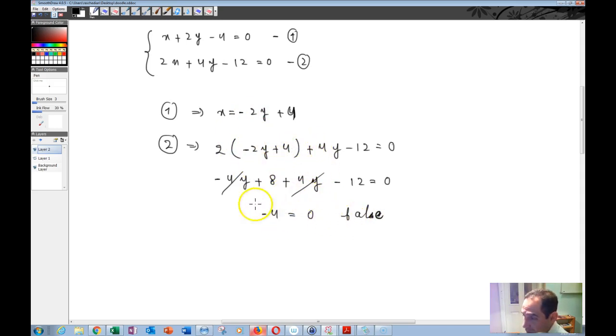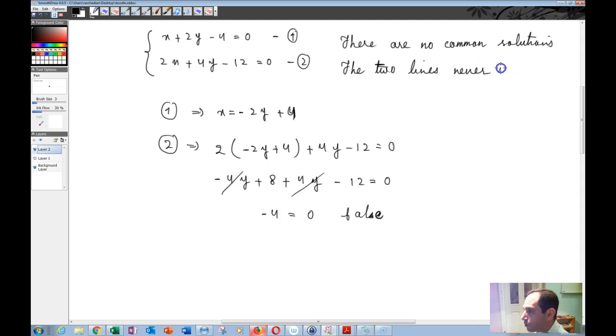Negative 4 is equal to 0 is false for all values of y, and that basically means that there are no common solutions, and that means that the two lines never meet.